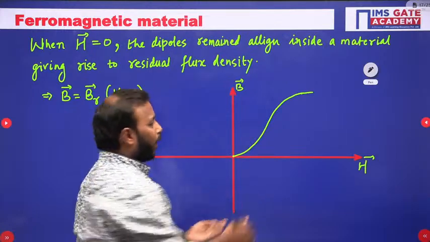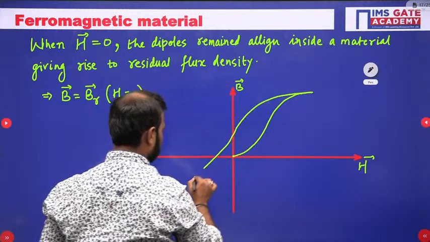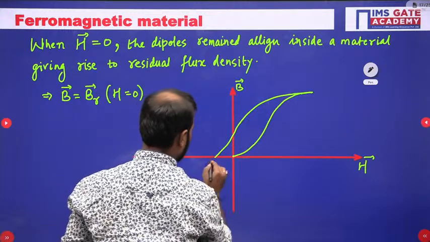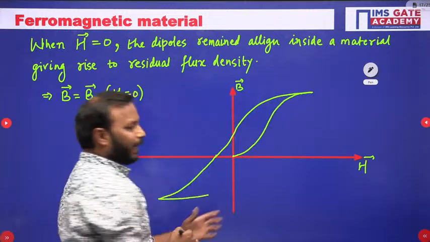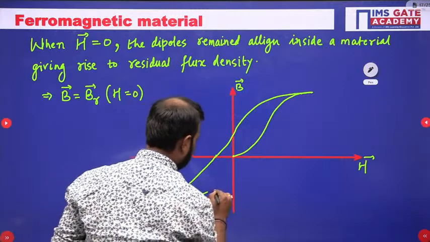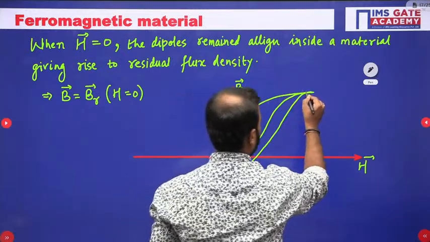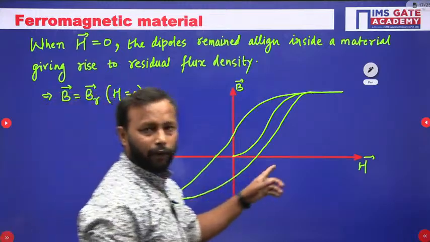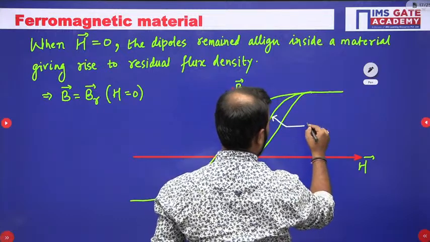Now when you reduce the H, it will follow this path. And when you increase the H in reverse direction, it will follow this path. Okay, so for the very first time, this is said to be the virgin curve.